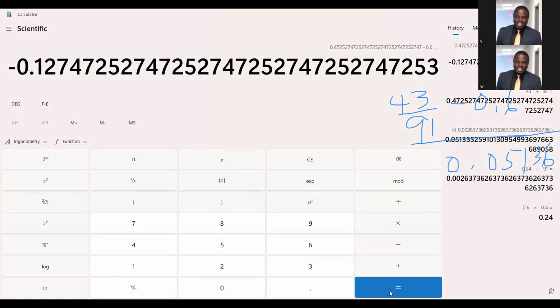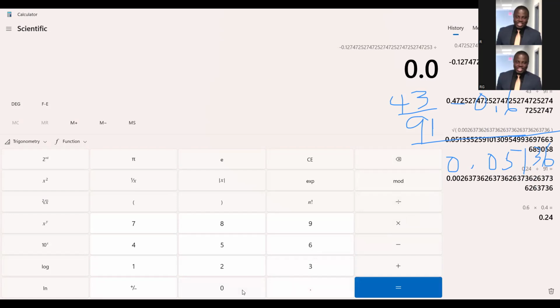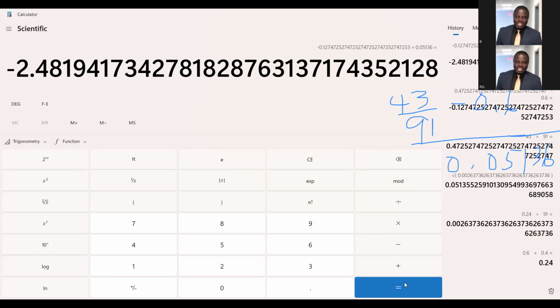Now I'm going to divide this by what I have at the bottom, which is 0.05136, because that's what I got for the top. 0.05136 equals negative 2.48.